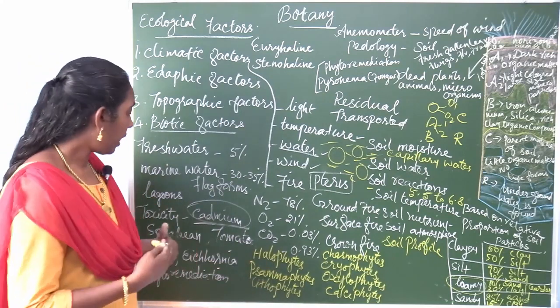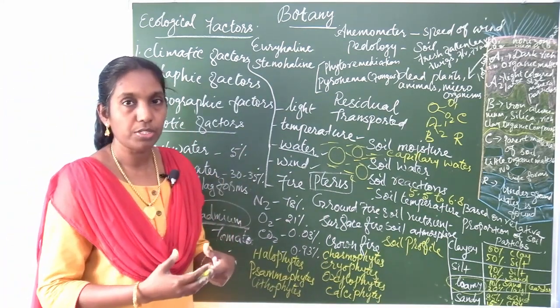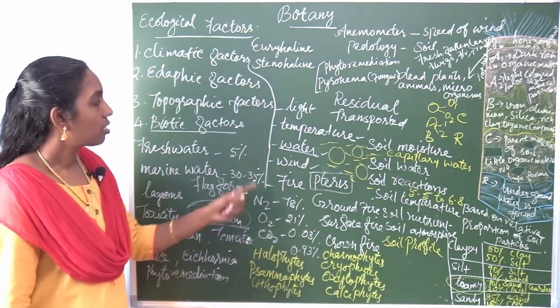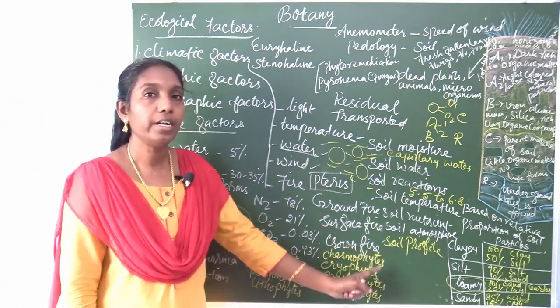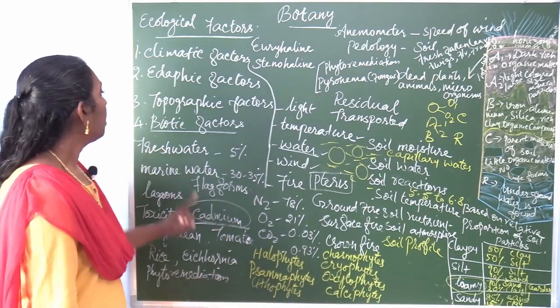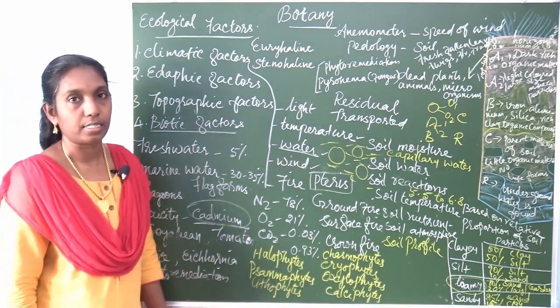When you explain the edaphic factors, you start from the formation of soil, the different classifications of soil, soil profile, and the different vegetation of the soil. Then the next factor is topographic factors.